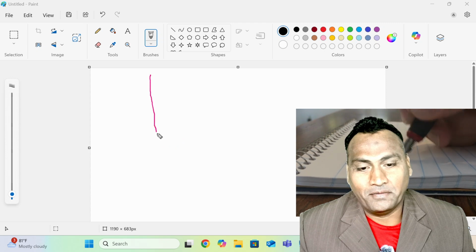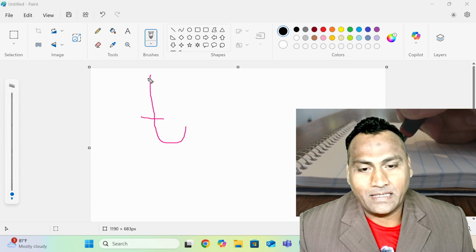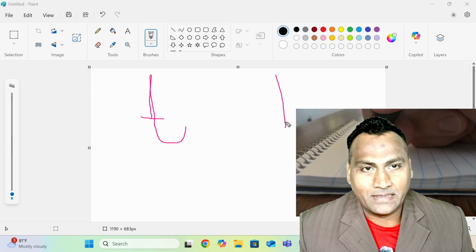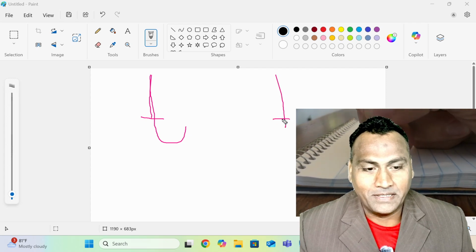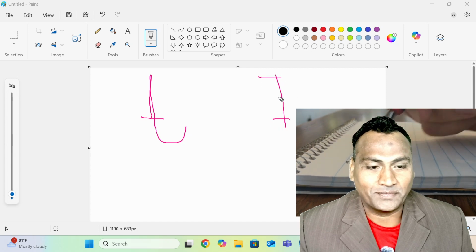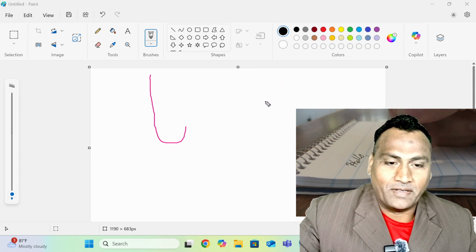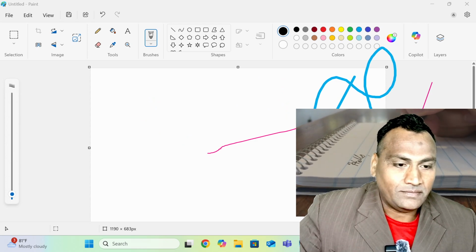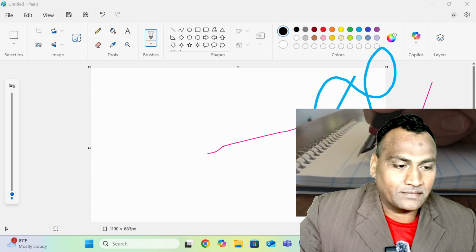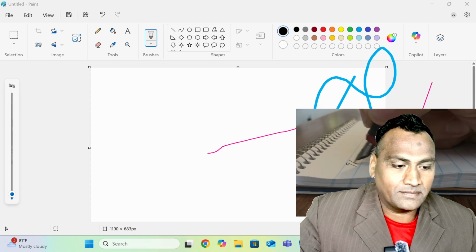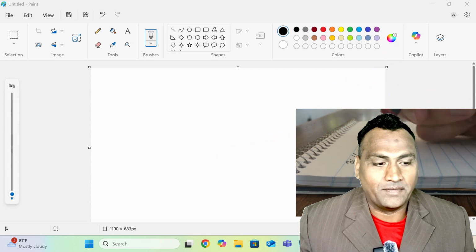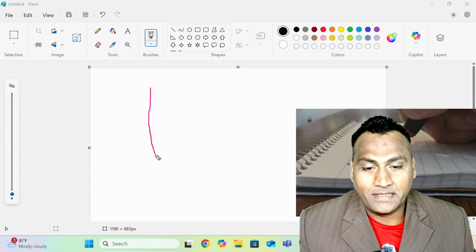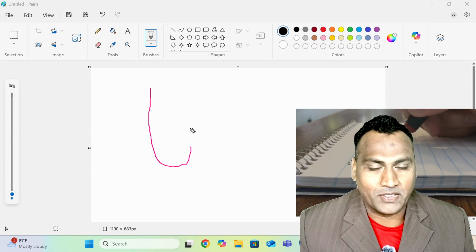Here, this is the vertical line. In this vertical line, where you are putting the horizontal line, is it here or is it here or is it here? So, if I want to explain, this is the T that you have written, and after that the stroke.